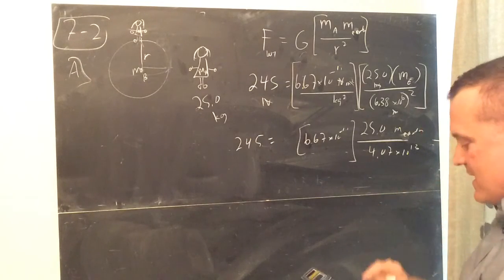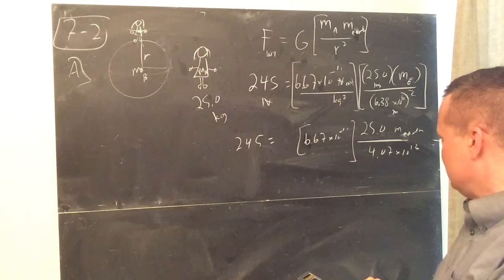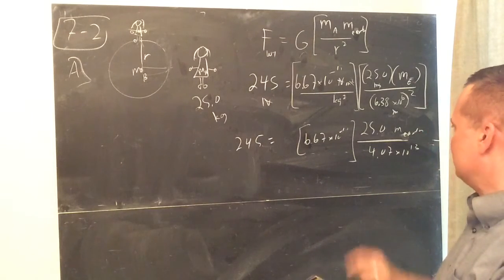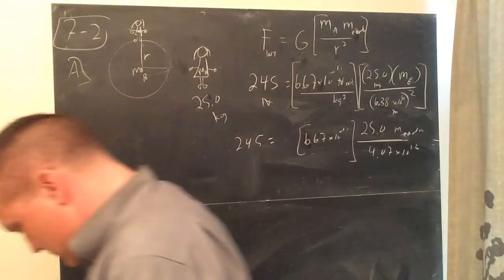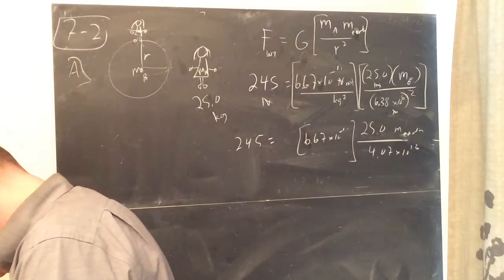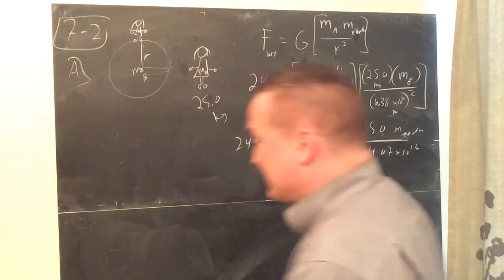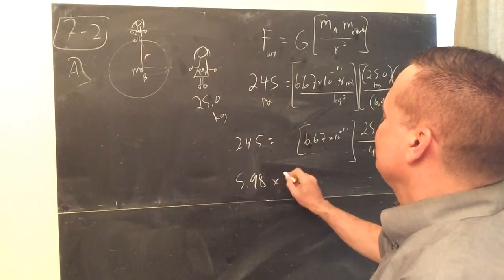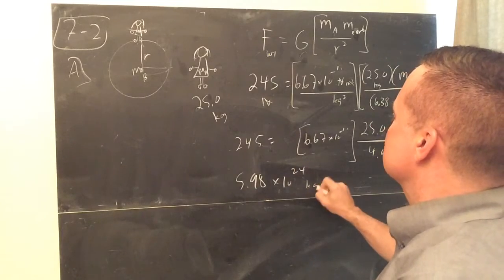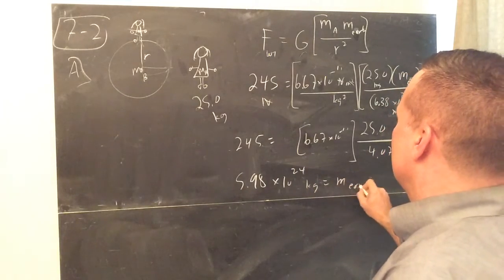Then multiply by 4.07 × 10^13. Then divide by 25. And it looks like I get 5.98 × 10^24. So 5.98 × 10^24 kilograms is the mass of Earth.